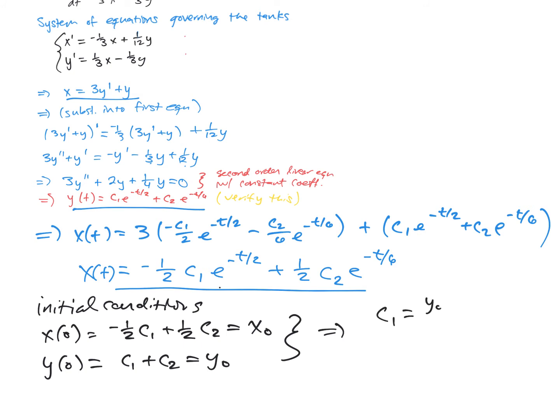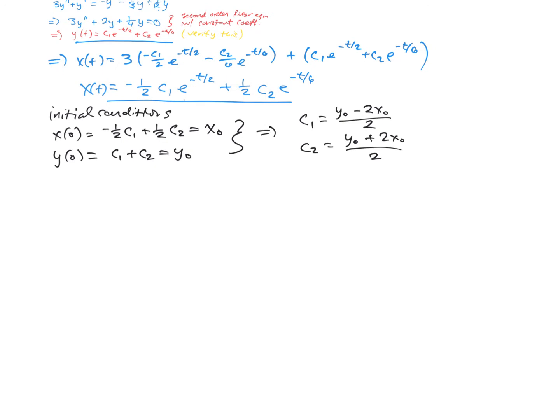C1 equals this, and C2 equals this. And you can verify all of this if you like. And then we can get the final answer. Switch back to blue. Looks like this.